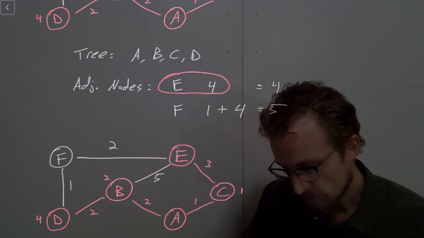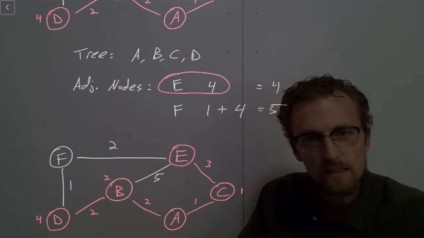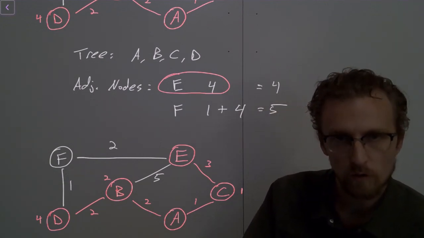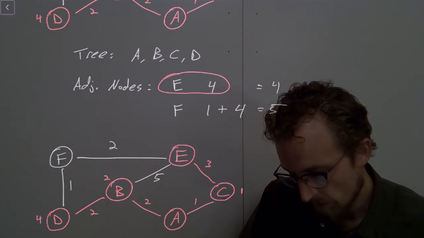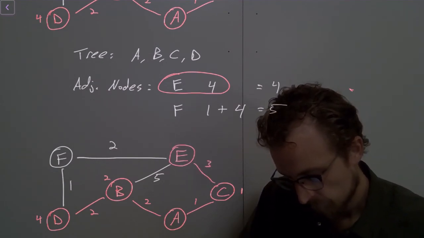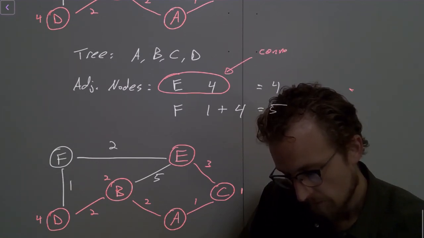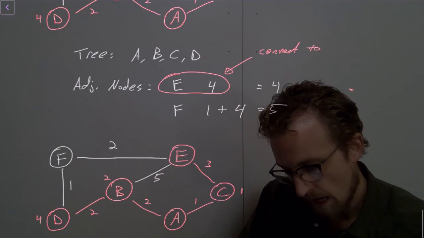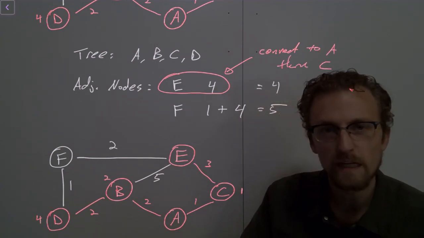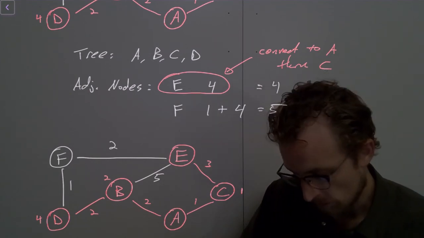We add specifically the edge that E was connected to the tree by to find its shortest path. So E was connected to A through C, and so the edge from E to C is the edge that we include in our tree.